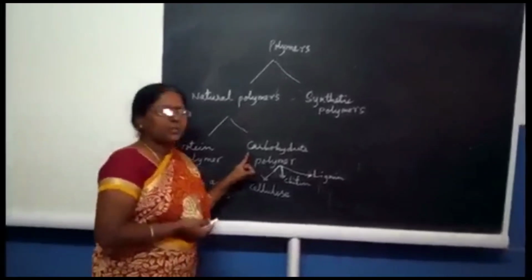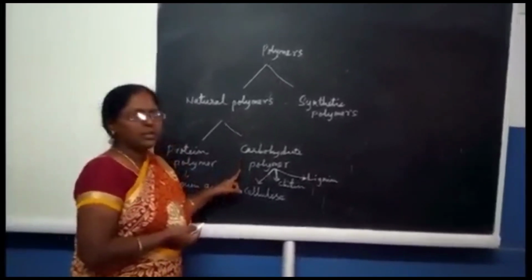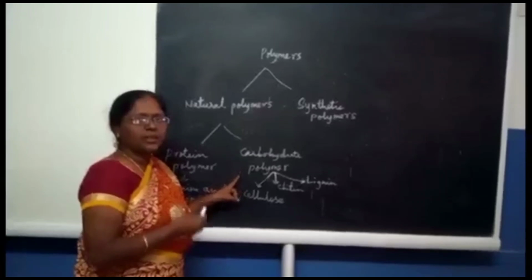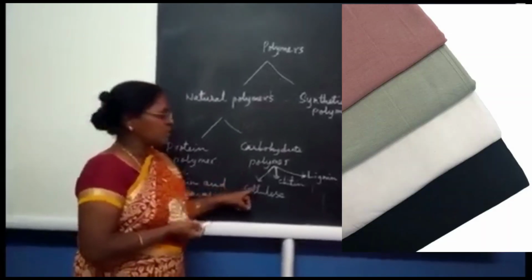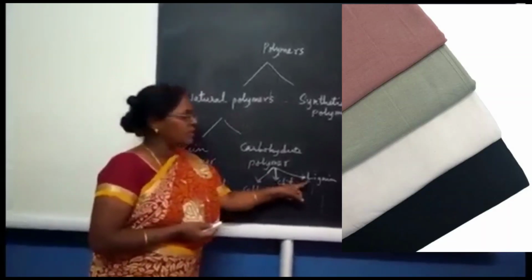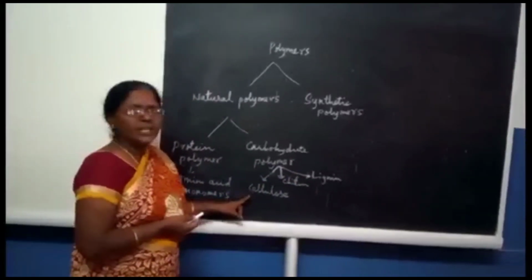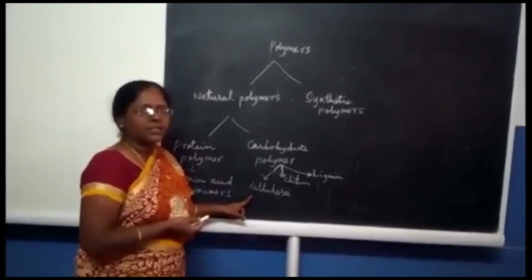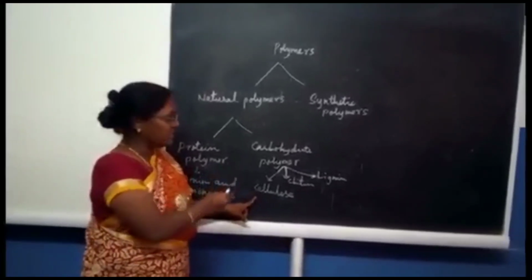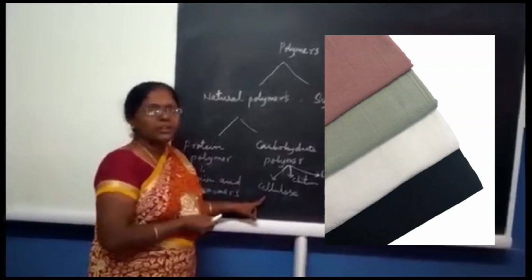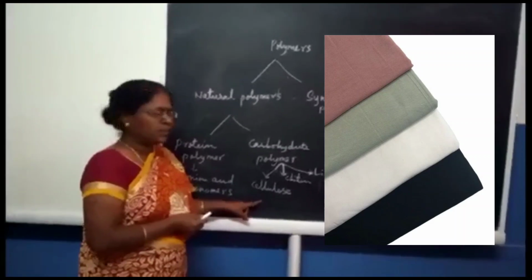Next we are going to see about carbohydrate polymers. This carbohydrate polymers includes cellulose, chitin and lignin. Cellulose is made up of sugar molecules. It is the main important component of cotton used in clothing.